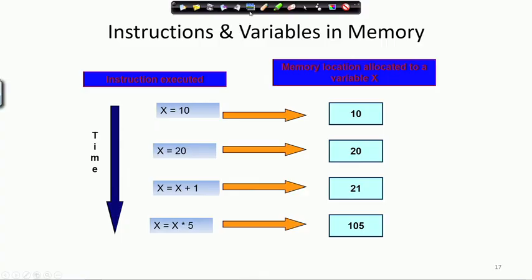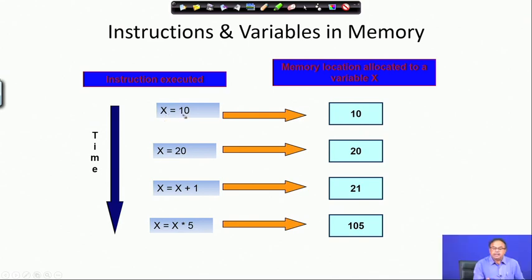Now you will understand, as I assign 10 to x, this is the memory location for x, the same memory location. See how the picture is changing. That memory location x is getting the value 10. On this side I am showing the memory location allocated to the variable x. Okay, 10. Next step, I assign 20.